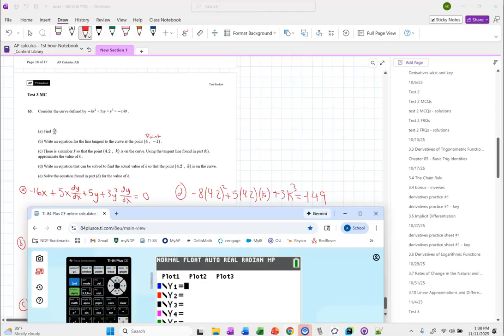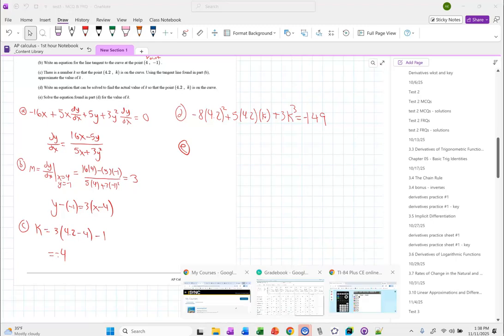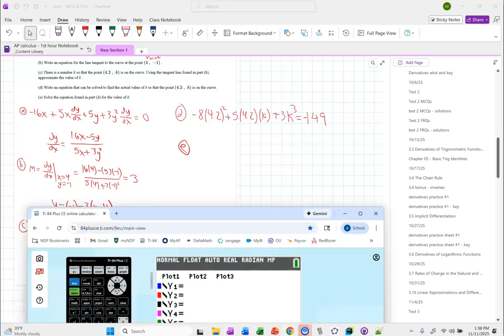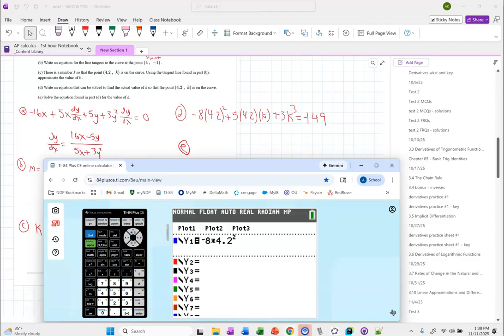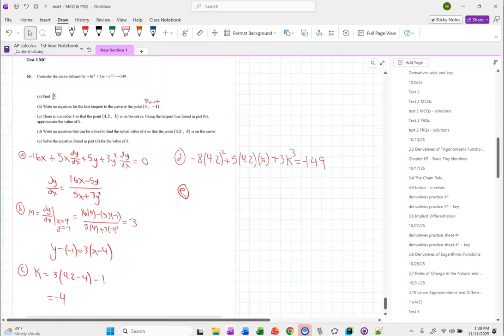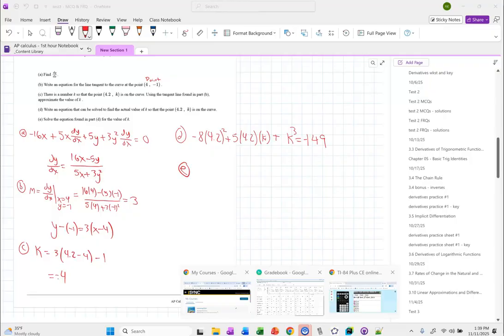All right, so what do we have here? We have -8 times 4.2 squared plus 5 times 4.2 times x plus, what's that? Oh, it should be no 3 there, it should just be x cubed.